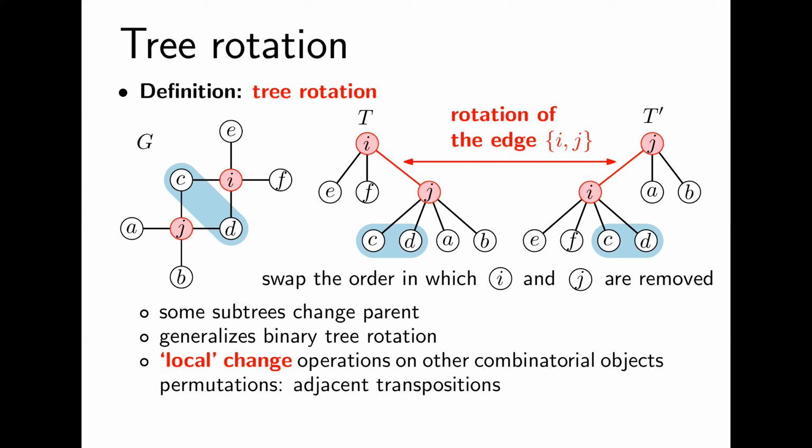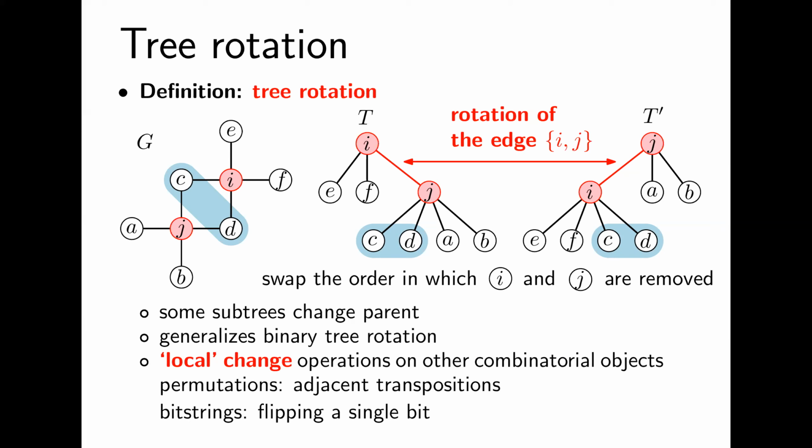So this tree rotation generalizes adjacent transposition for permutations. I already said that for binary trees, it corresponds to the classical binary tree rotation, so this is clear. Let's look at binary strings. Binary strings I got when I take, as the graph G, isolated edges. The elimination forests are one-edge trees, and the tree rotation now just swaps around one of these edges. This just corresponds to flipping a single bit. So this is a generalization of flipping a single bit in binary strings.